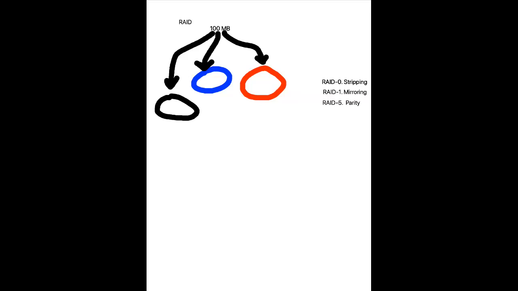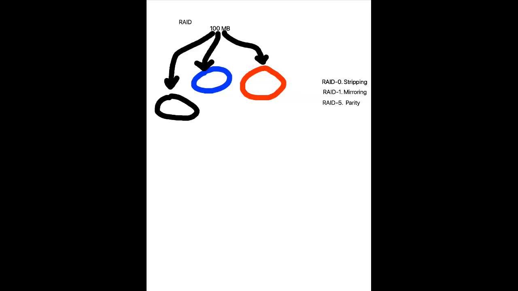Anyways, we don't want to go into more detail of how RAID works, but at least you should know these 3 levels. RAID 0 is called striping, RAID 1 is called mirroring, and RAID 5 supports fault tolerance for one disk failure.